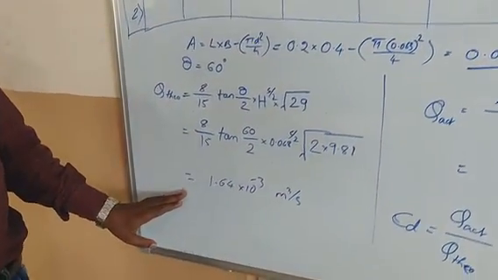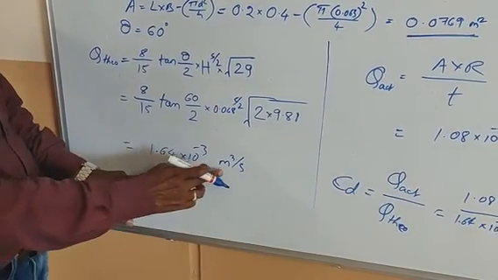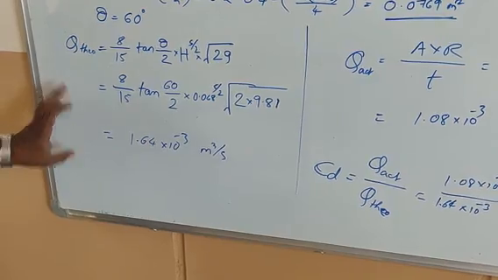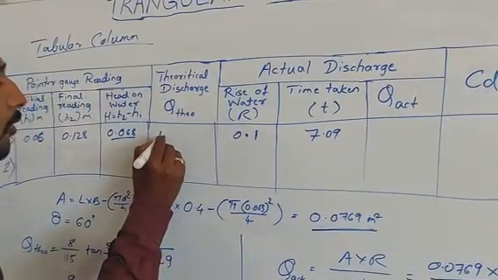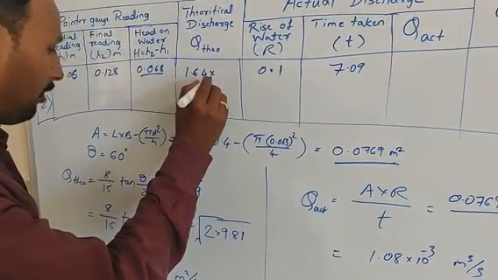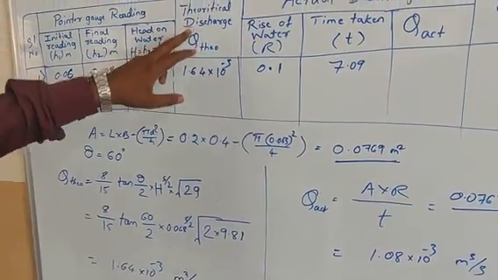So substituting these values, the answer is 1.64 into 10 raised to minus 3 meter cube per second. This is Q theoretical, the theoretical discharge.